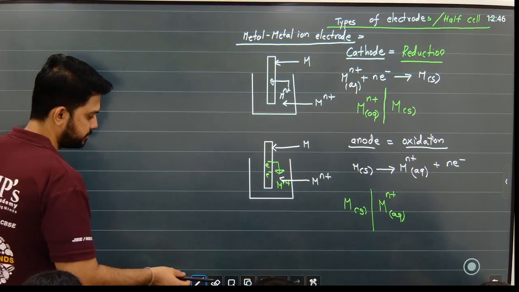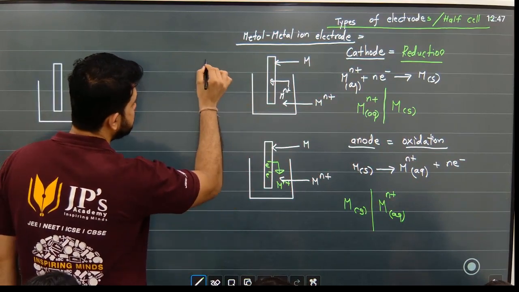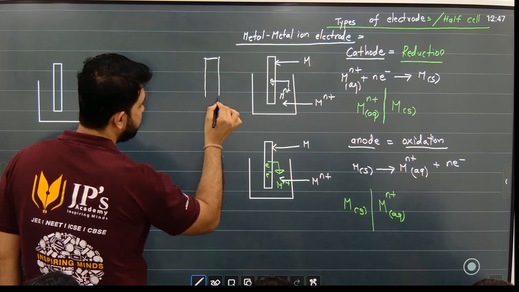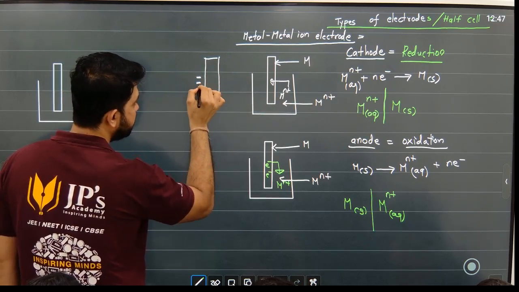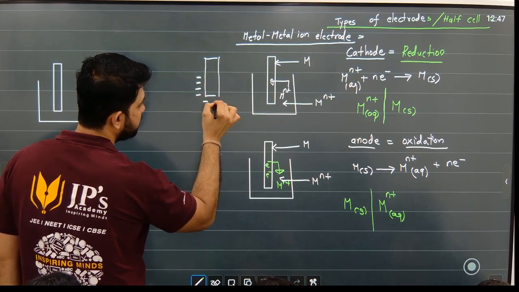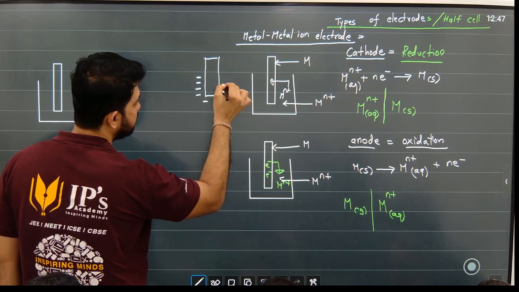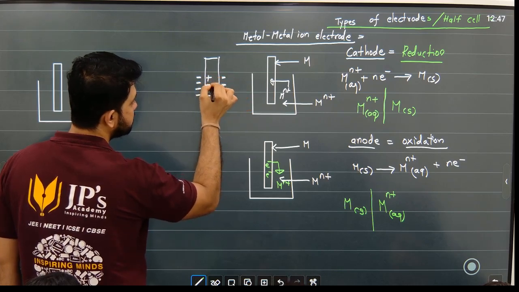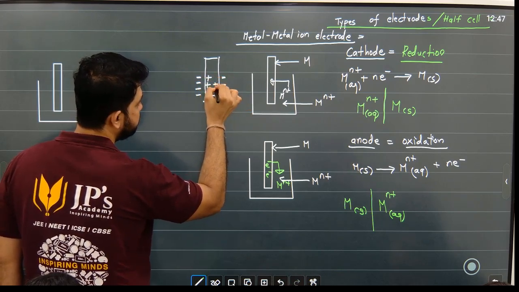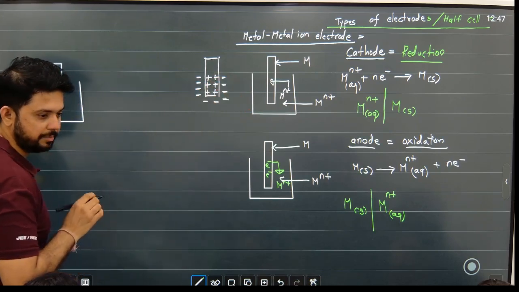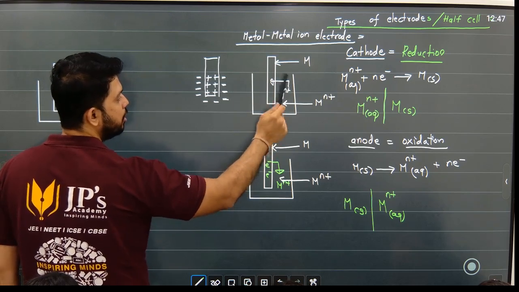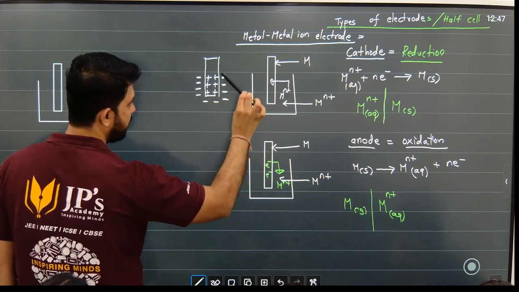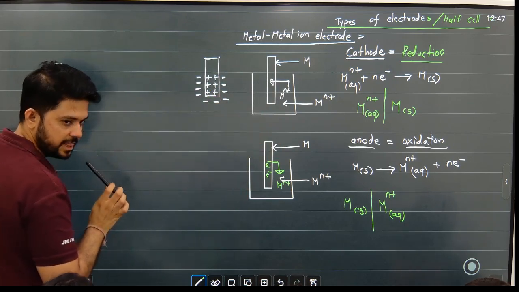Now, this is the rod. Metal is getting deposited on the rod. What was created in the solution, people? Excess of negative charge, and the rod gets a positive charge. I repeat, because ions from the solution are getting deposited on the rod, what remains in the solution is negative charge.